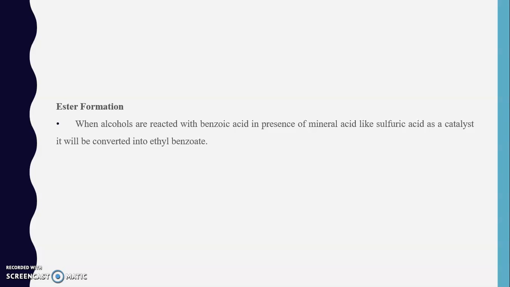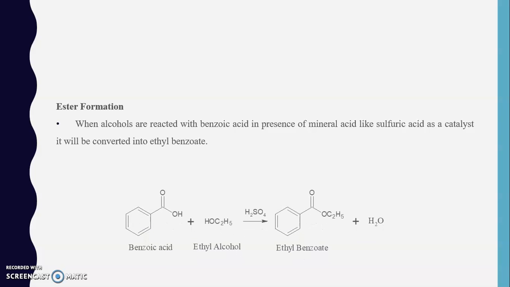Then the second chemical property that is shown by aromatic acids is ester formation. Esters, as we know, are nothing but RCOOR. These functional groups are prepared by combining alcohols with aromatic acids. So when alcohols are reacted with benzoic acid in presence of mineral acids, say for example sulfuric acid, which is used as a catalyst, it will be converted into ethyl benzoate.